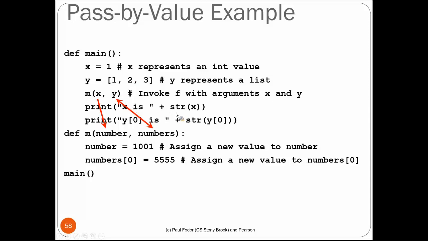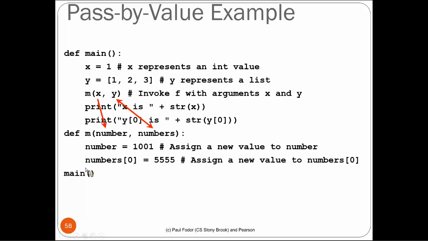Then we print x is the value of the string x, and we print y of 0 is the value of the string y of 0. We define the method m as taking the number, which is basically one single integer, and the numbers array, which is basically the array or the list y, and we initialize number to 1001 and numbers of 0 to 5555.